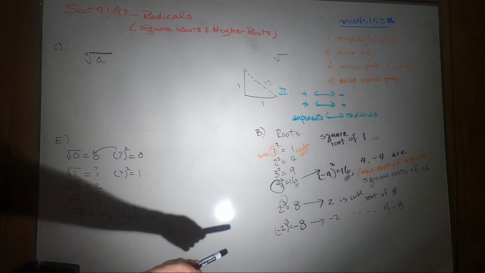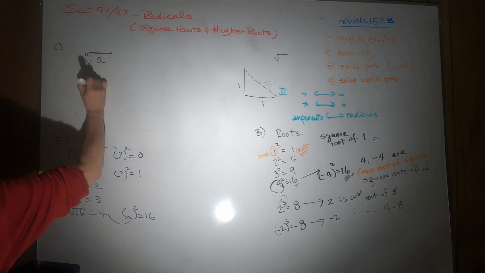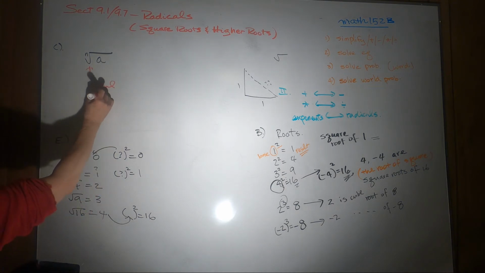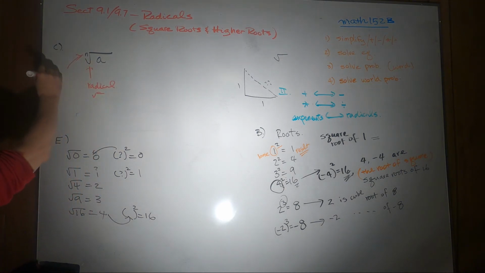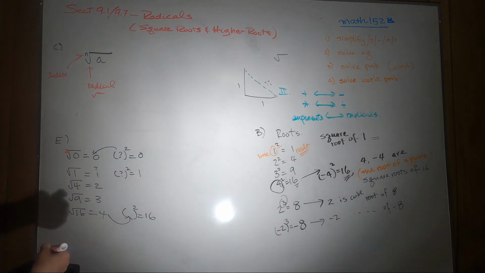Sometimes if it's cube, then we take the cube root. Okay? Then this symbol, we call it what? Radical symbol. This one we call the index. Like this one is 2, an invisible 2, right? If cube roots, then that would be 3. Fourth root means something taken 4 times would be the number inside, okay?